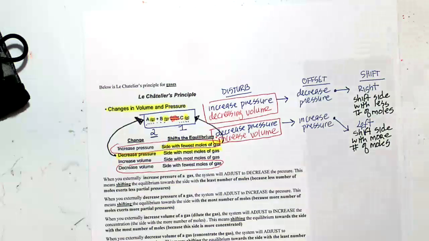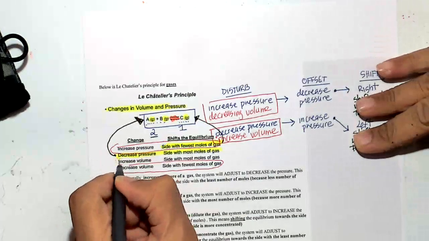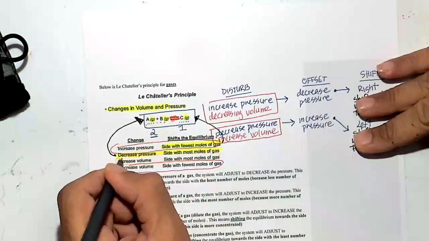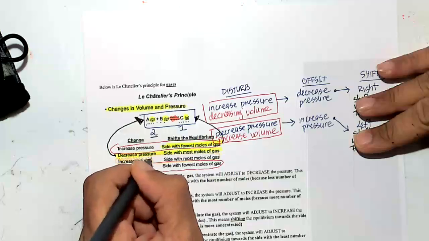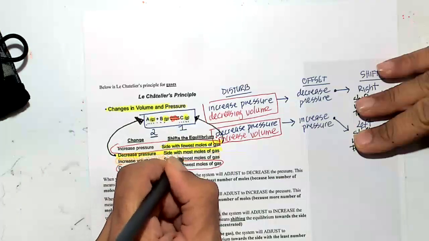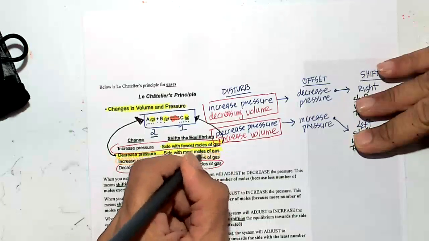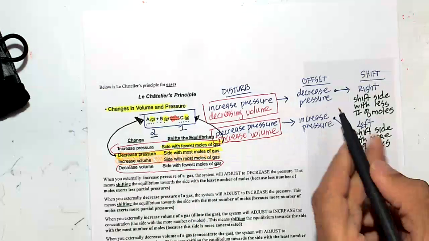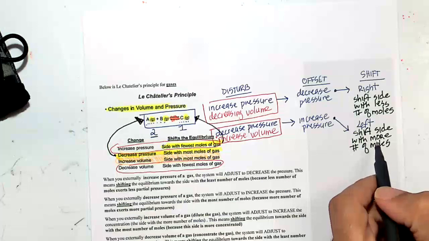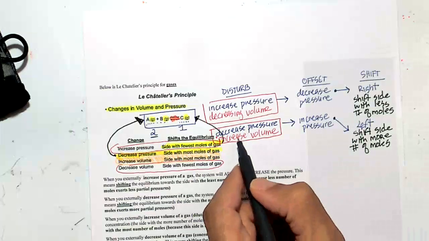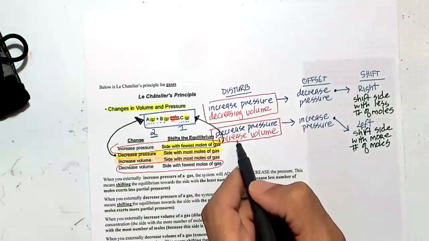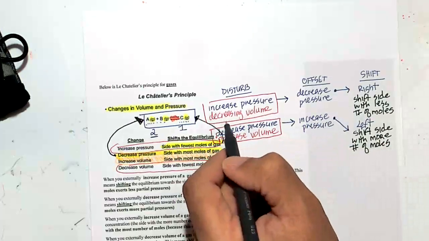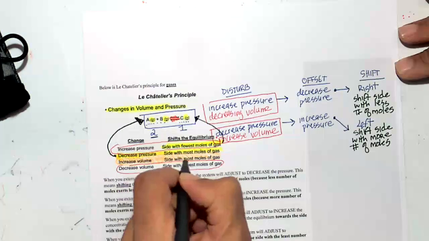and that is the situation that we see here. If you want to increase the volume, all you do is decrease the pressure. If you want to decrease the pressure, all you do is increase the volume. It's going to be the same thing. Increase the pressure or decrease the volume, shift to the side with less moles; decrease the pressure or increase the volume, shift to the side with more moles.